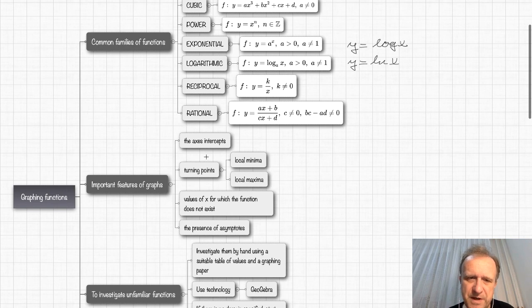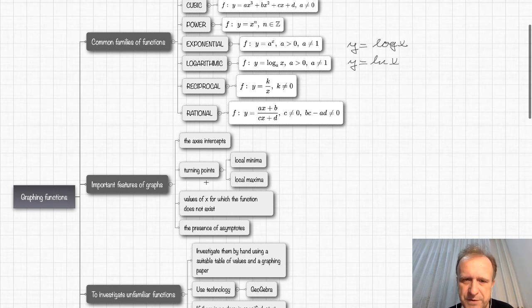So the graph may have only an x-axis intercept or only a y-axis intercept or none, but anytime it does, we need to include them. Now, well, what does it mean to include them? It means that you just label this point and include its coordinates in your picture.